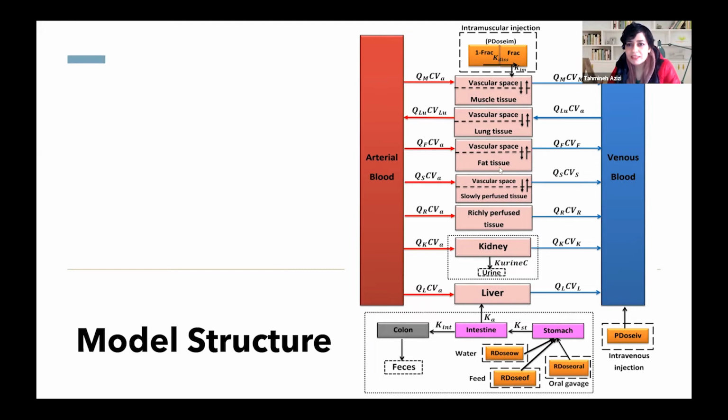I have muscle, lung, fat, and some other tissues here. I have kidney, liver, and as you see, there is an interaction between liver and stomach, and intestine, and all of this. These are going to be a very large set of equations. Again, this is the ordinary differential equation approach.